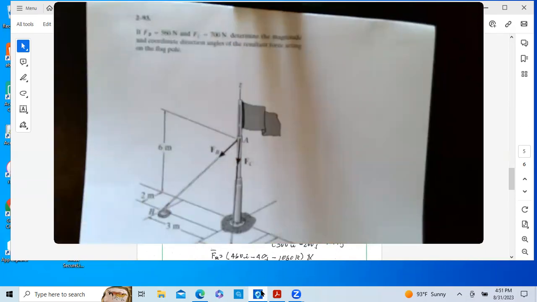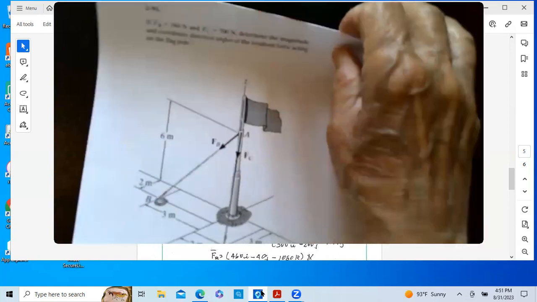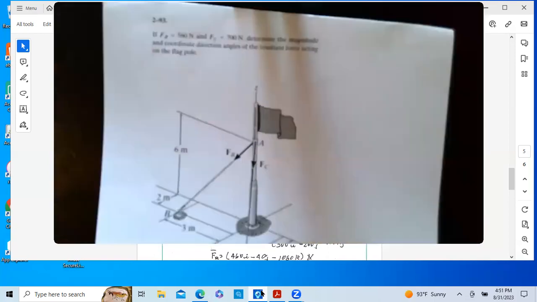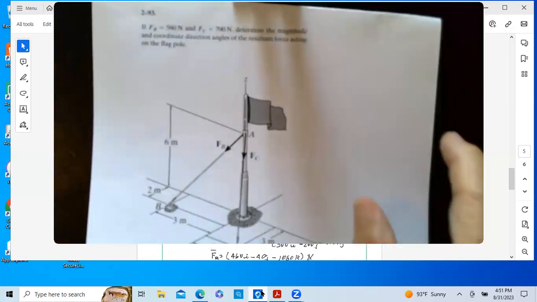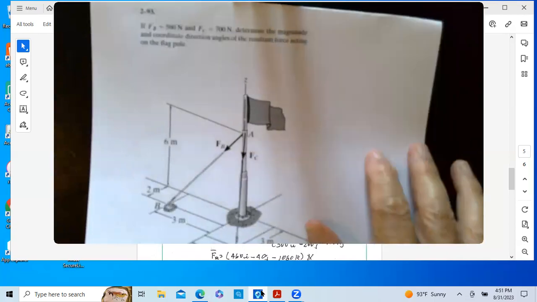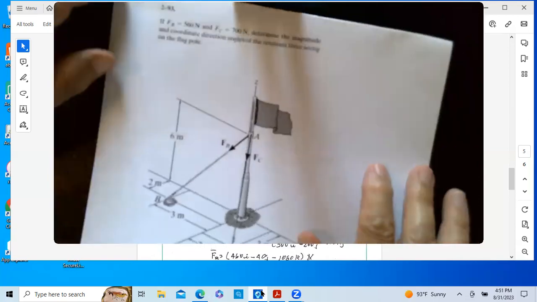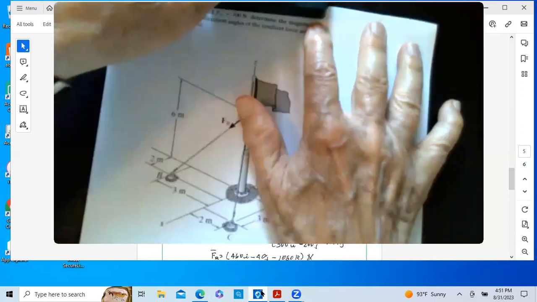We have two forces. This is a flagpole. I'm trying to get this thing oriented so you can see it properly. This way.